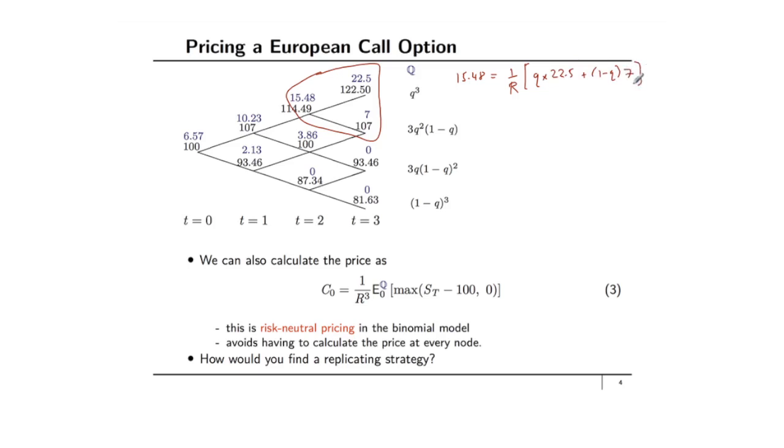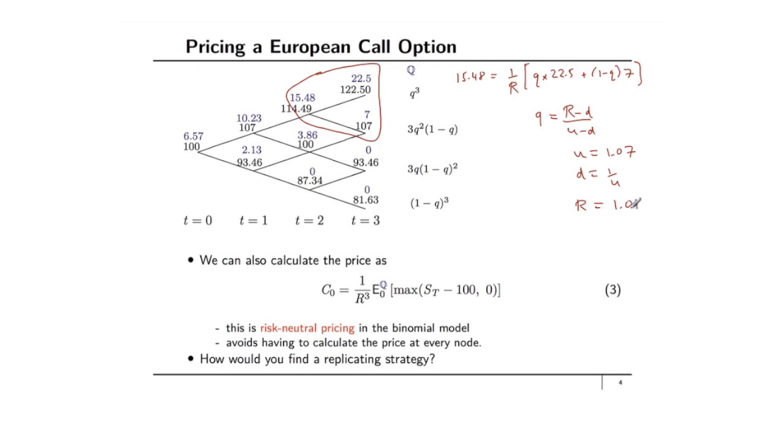This comes from our one-period theory, and of course Q is the risk-neutral probability of an up move. It's equal to R minus D over U minus D. And in this case, U is equal to 1.07, D is 1 over U, and R was equal to 1.01. So you can check these calculations in the spreadsheet.